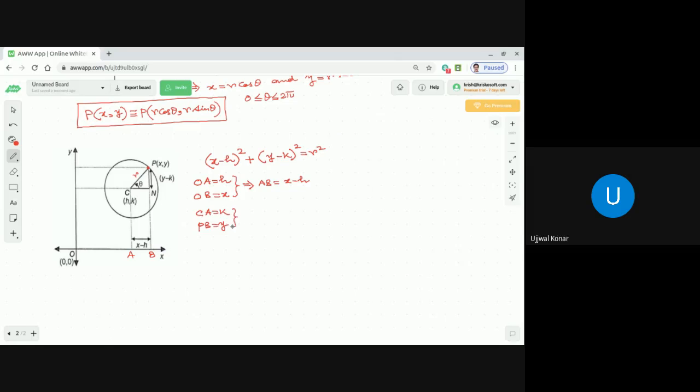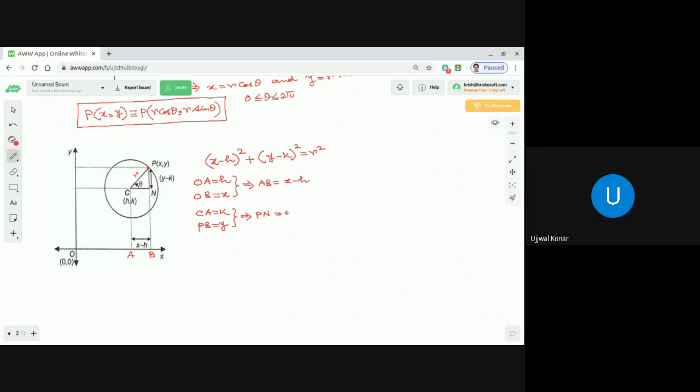And from CA is equal to k and PB equal to y, we get PN is equal to y minus k, where N is the foot of the perpendicular drawn from the point C, that is the center of the circle, to the line segment PB.